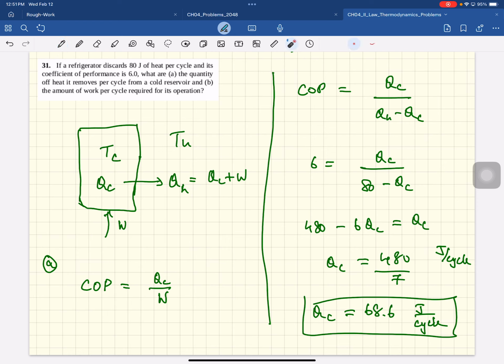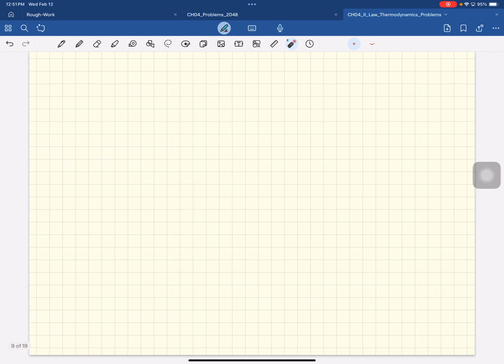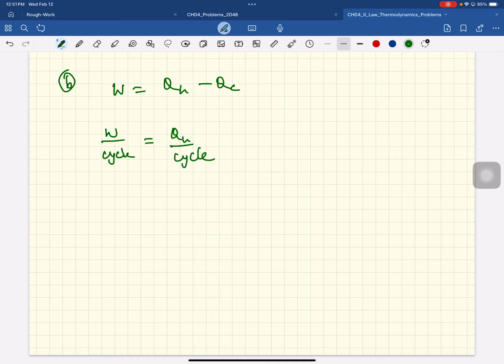And then they ask you how much work is done per cycle. Work done is QH minus QC. So work per cycle is QH per cycle minus QC per cycle: 80 minus 68.6.